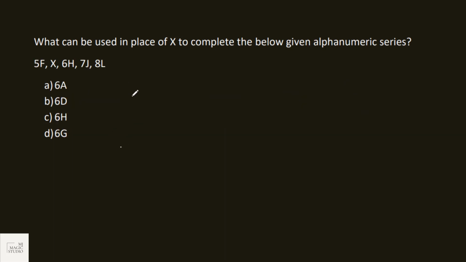Now this is what we have. What can be used in place of x to complete the below given alphanumeric series? We have 5 and then nothing, 6, 7, 8. Okay, 5 plus 0, plus 1, plus 1, plus 1. And then we have F, H, J, L: F, G, H, I, J, K, L. I think they have already given the answer. 6H should not be there in the question.